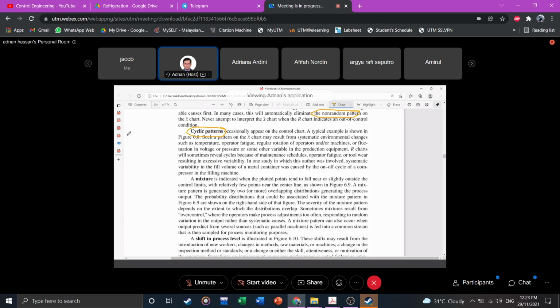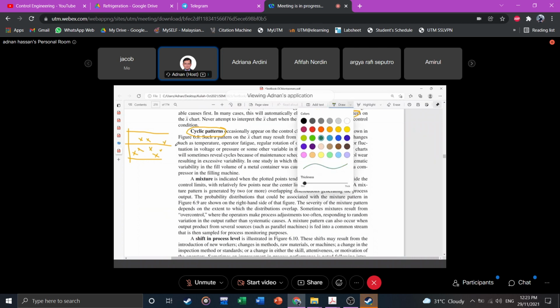What I mean is, when you have a control chart, the pattern of the process might be fluctuating. It is within control limit, but it fluctuates like this, so if we connect the line, it just looks like this. What happened?